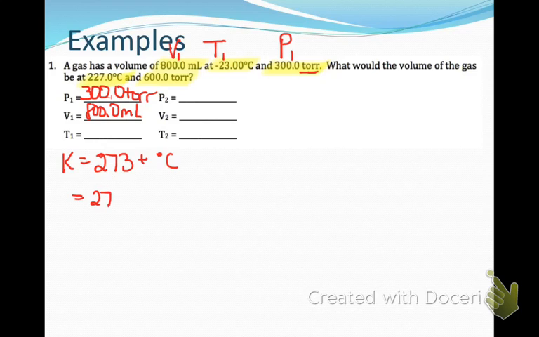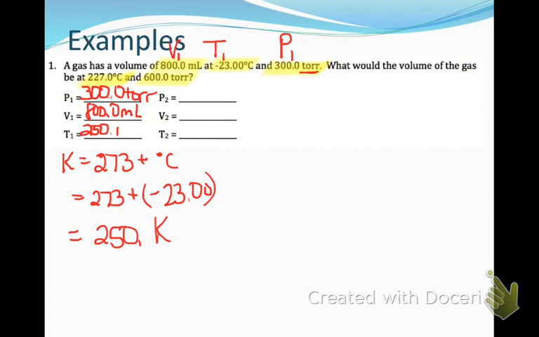It's 273, essentially minus, but we'll do plus a negative 23. So from there you should get 250 decimal Kelvin. Okay, so make sure you have that. I'm going to clear out those in just a bit, just so we have enough space for all of our other work. Okay. So I'm going to get rid of that real quick.